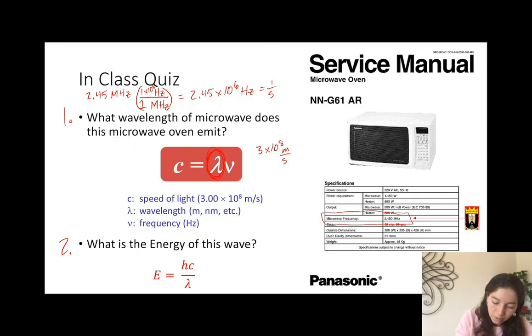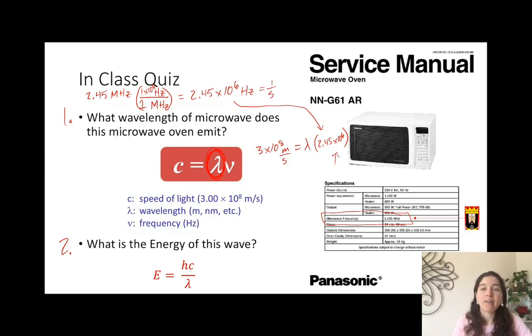So be very careful when you're working these. So we're going to solve for lambda, and we're going to put in this value from here. So 2.45 times 10 to the 6. Because if you didn't convert here, you'd just be putting in 2.45 and you'd get a very wrong answer. That's why it's important to use our units, so 1/seconds.